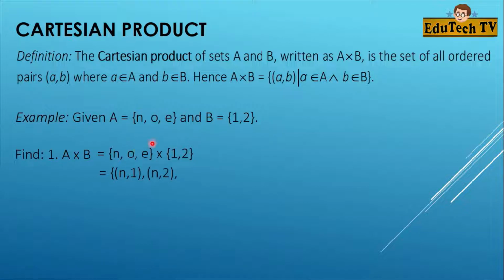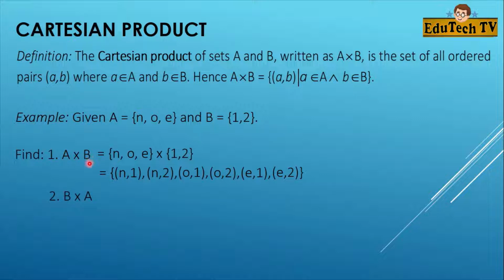Next, we have O1, then O2, and we'll have E1, and the last would be E2. So these are the products of A times B.